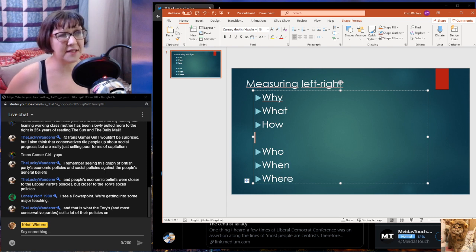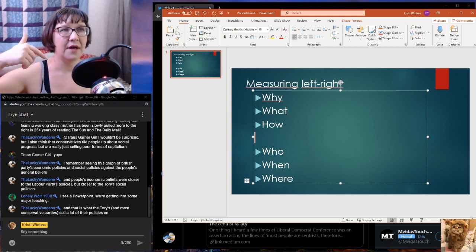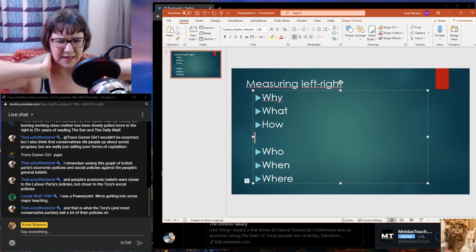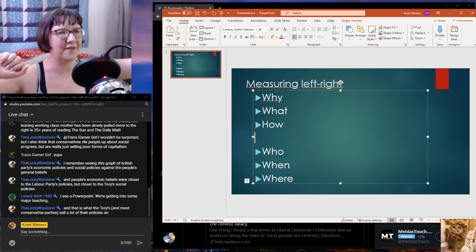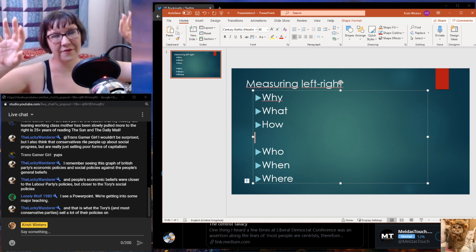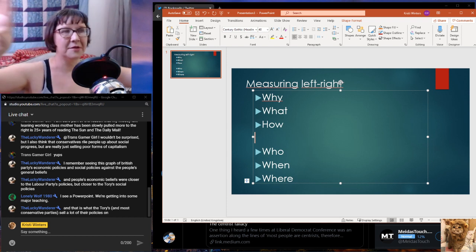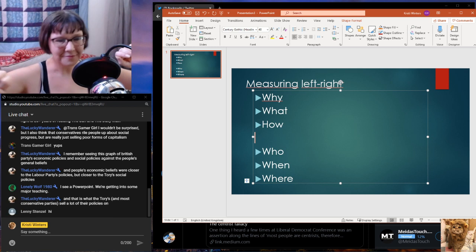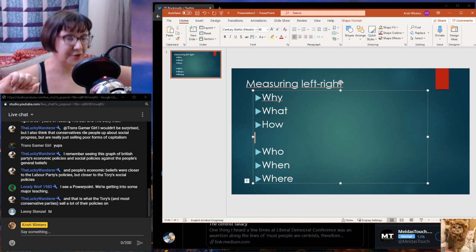When it comes to measuring left and right, from what I looked up, left and right really emerged out of the French Revolution as a concept, because when they organized the seating in the French assembly, they had people on the aristocracy on one side, and the commoners were on the left side, and therefore the people who were more radical were on the left, and people who were more reactionary were on the right.